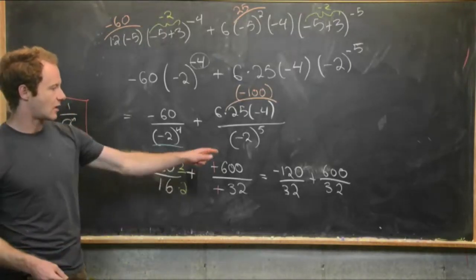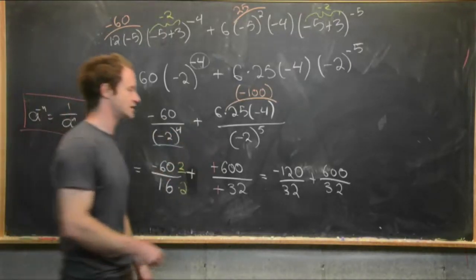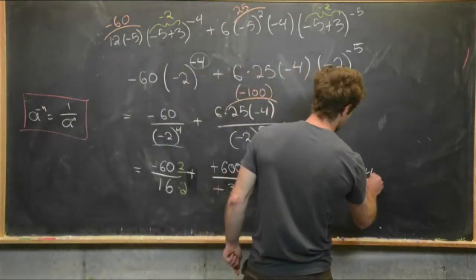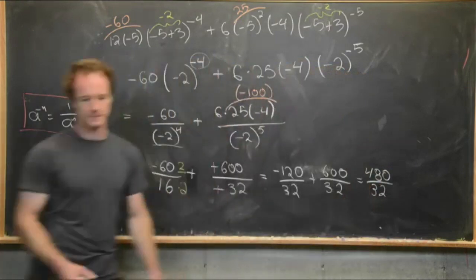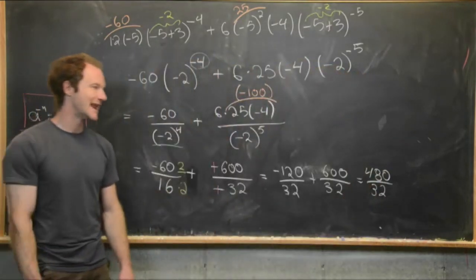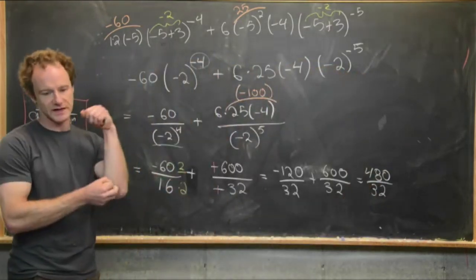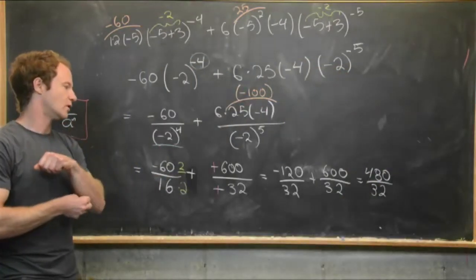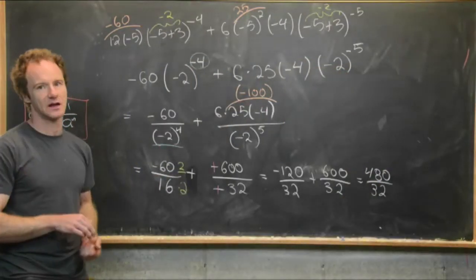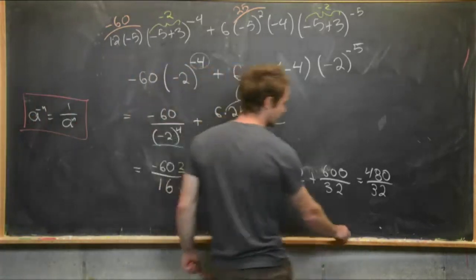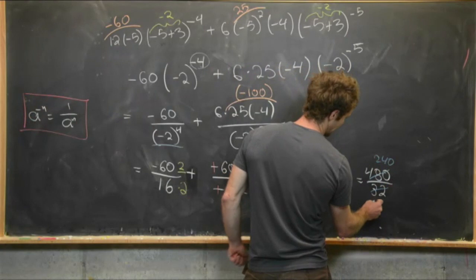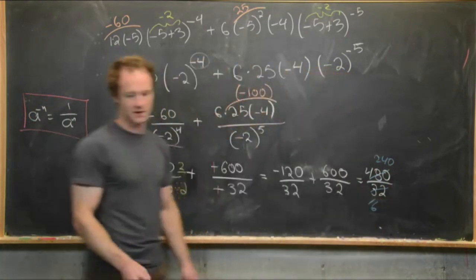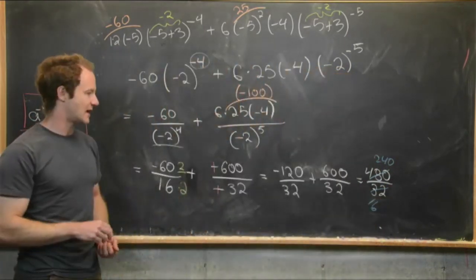Okay, sweet. Now 600 minus 120 is 480. So we're left with 480 over 32. But now this is not in lowest terms because they're both even. So we'll have to cancel until we get it in lowest terms. Notice we can divide each by 2. We'll get 240 and 16, dividing the top and the bottom by 2.